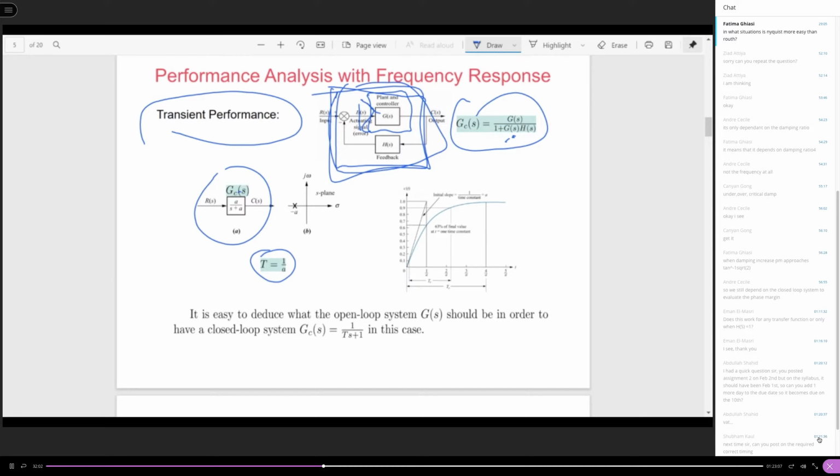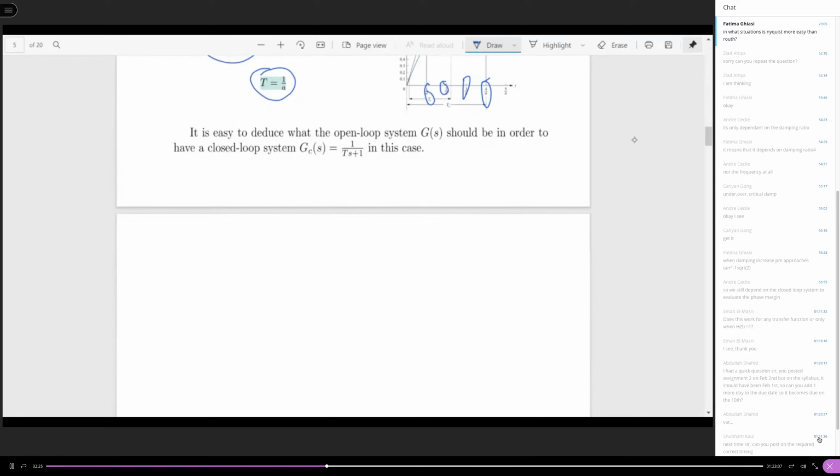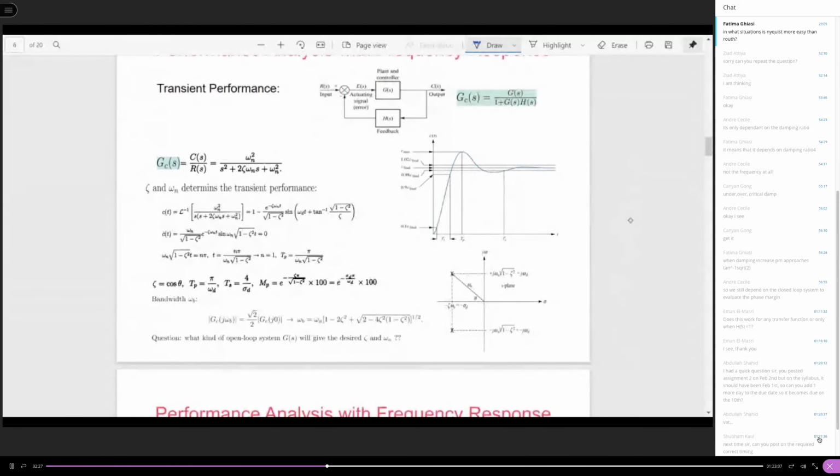If you know that, then the transient performance is very well characterized, because it's based on this time constant. So a first order system is very easy to characterize. One parameter, you're done. Okay, time constant. Now what about the second order system?